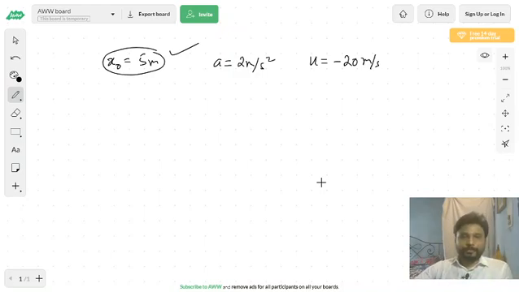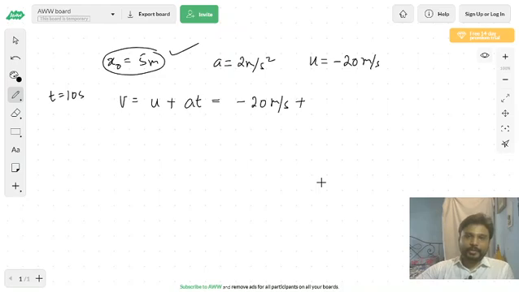By doing this question itself, we will be analyzing what happened. So the first part is to find the velocity after 10 seconds. We would use the expression u plus at to find the final velocity. Initial velocity is minus 20 meters per second. Acceleration is 2 meter per second squared, and the time is 10 seconds.